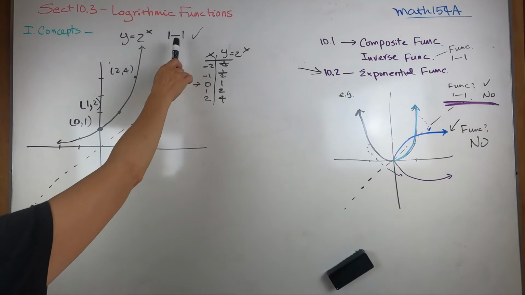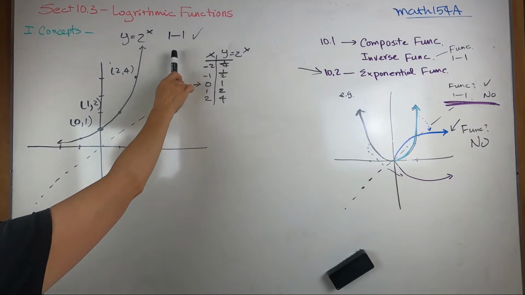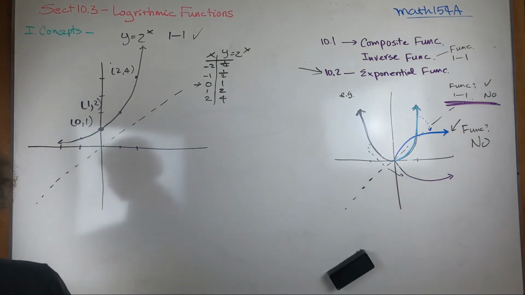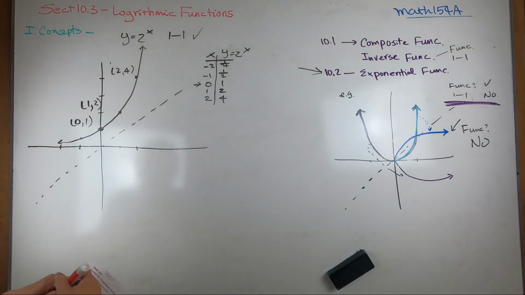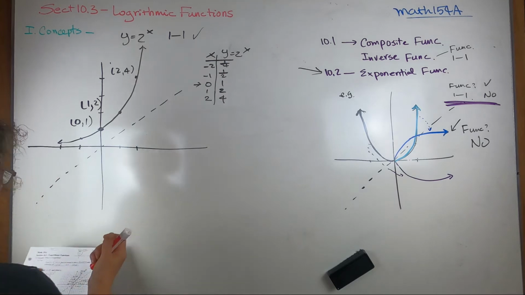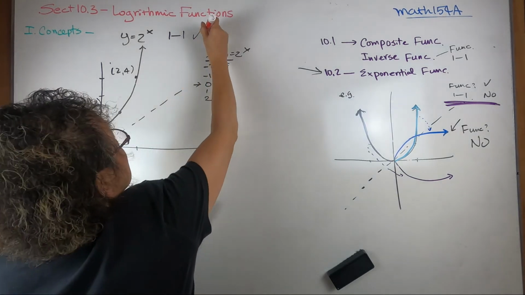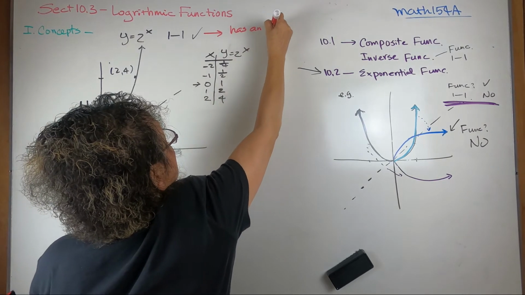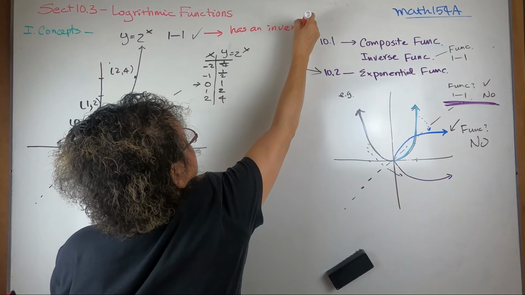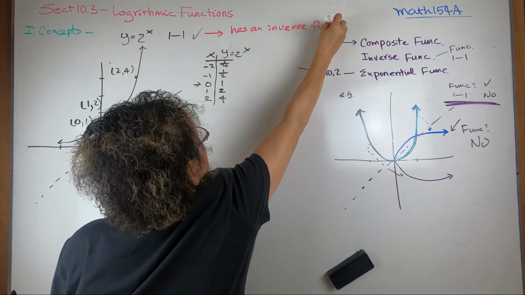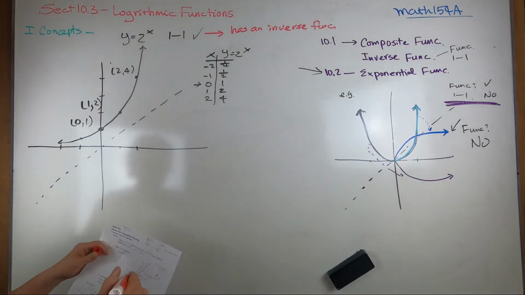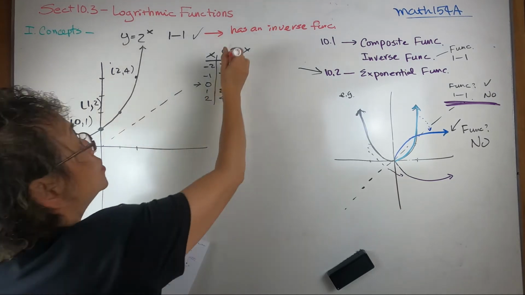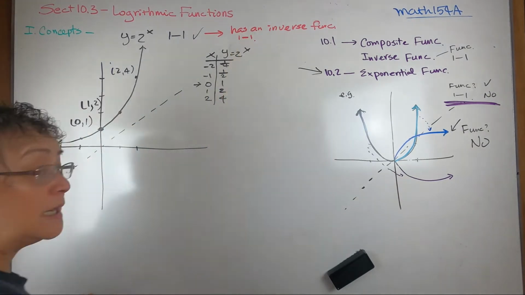Okay, if it is a 1-to-1 function, then we will have what? An inverse function, right? So it has an inverse function. And its inverse function is also 1-to-1, right?